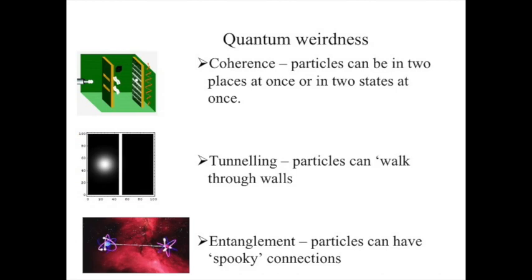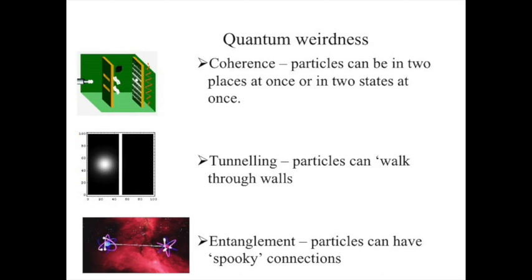And Einstein said, no, that can't be right. He called it spooky action at a distance, because it seemed to violate general relativity. But experiments have demonstrated many times that entanglement is real, and particles do have these spooky connections. No one's demonstrated it across universes, but even across continents it's been demonstrated that entanglement exists. So entanglement is another peculiar feature of the quantum world that is not present in the classical world.